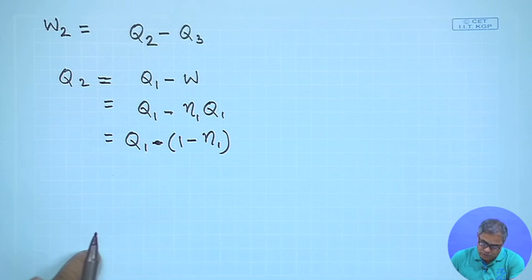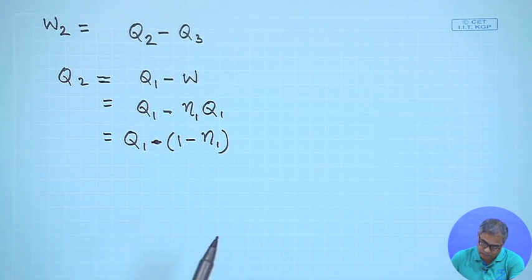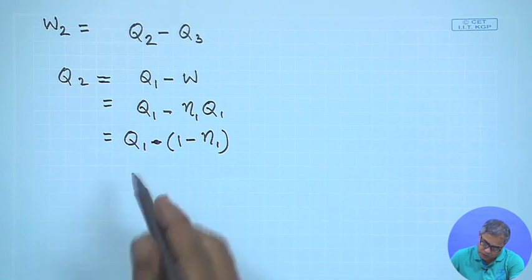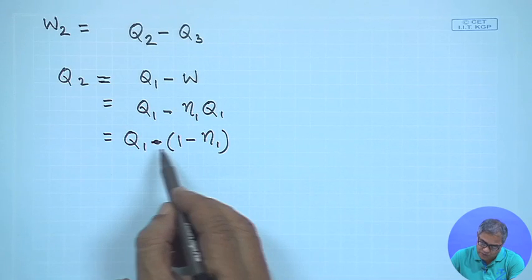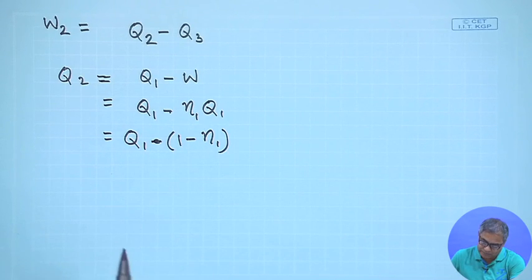So, that is equal to your W2, Q1 minus Q1 into 1 minus eta 1.